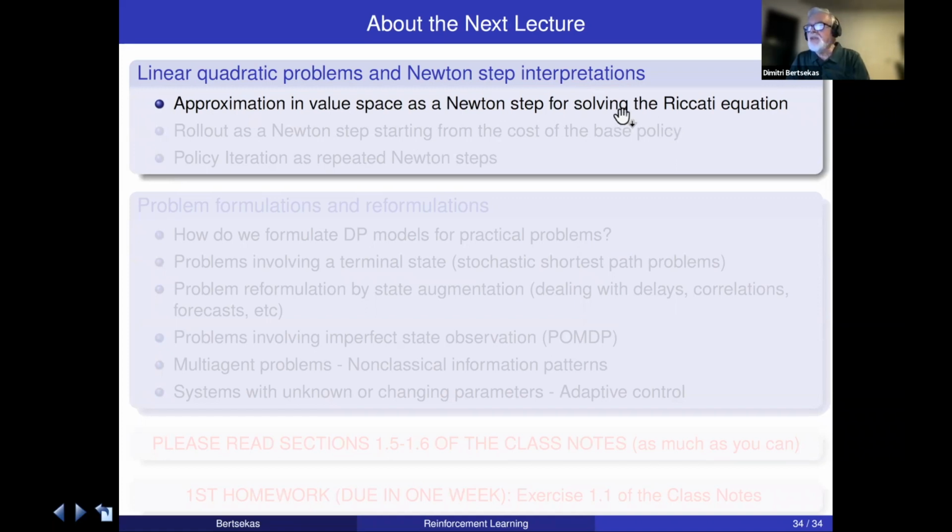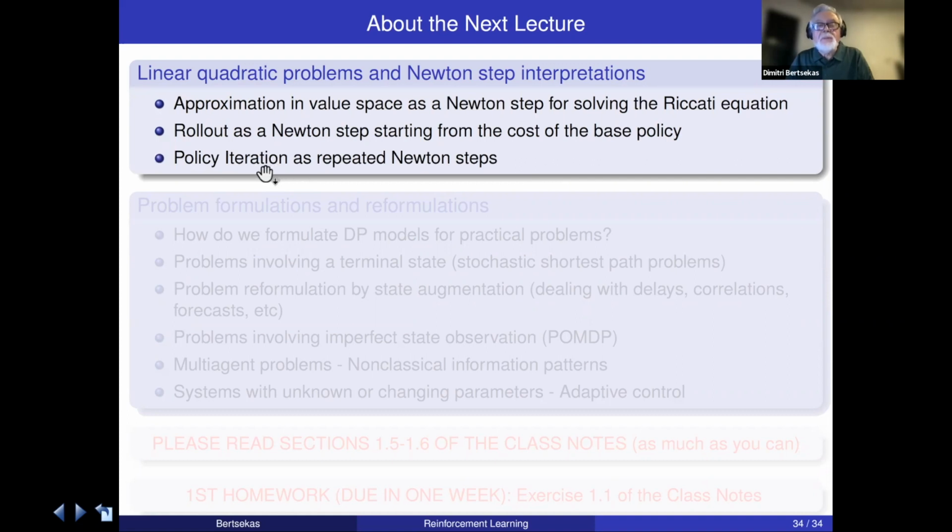Now here we make a connection between the exact theory of linear quadratic problems and reinforcement learning methods such as approximation in value space. We're going to view a rollout as a Newton step starting from the cost function of the base policy. And again, we're going to use the Riccati equation graphs to make this interpretation. And we're going to interpret policy iteration as a repeated rollout and therefore repeated Newton steps.